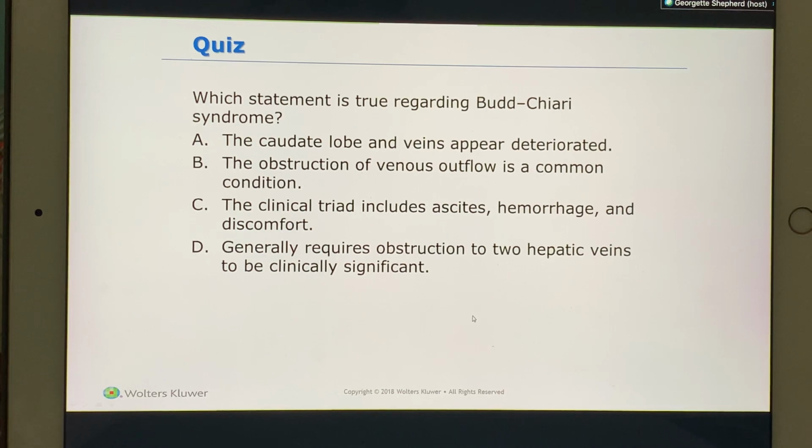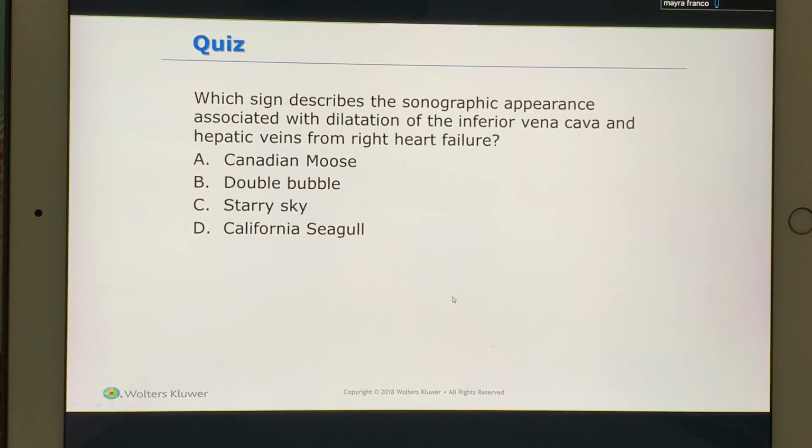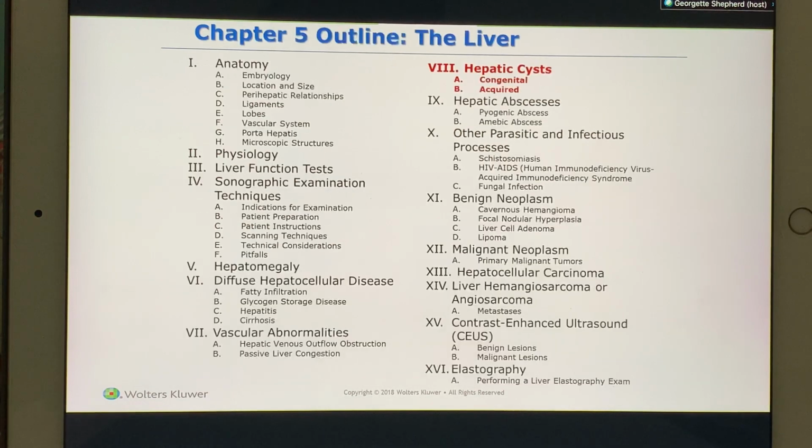This was an uncommon condition, not common. Which sonographic appearance is associated with dilatation of the IVC and the hepatic veins due to heart failure? A. The Canadian moose.